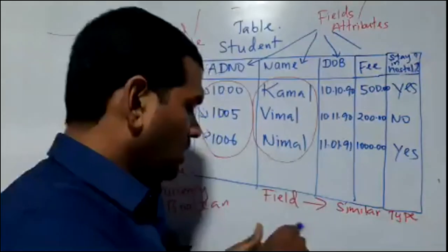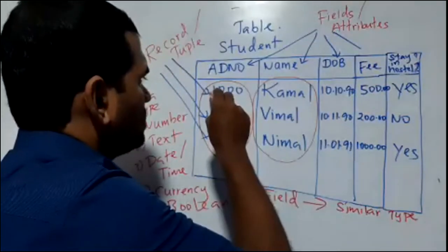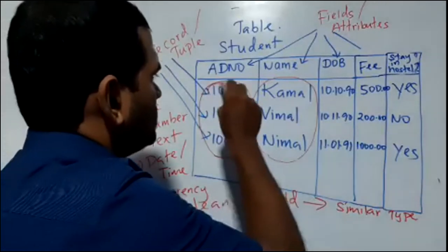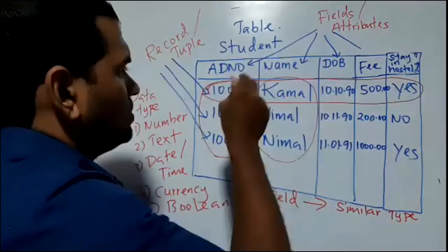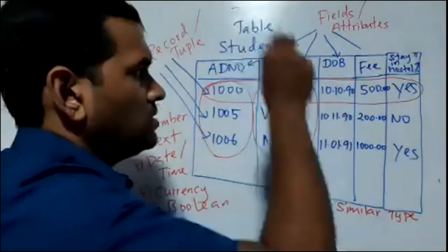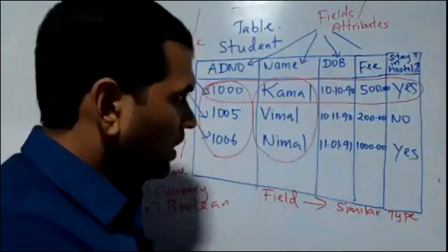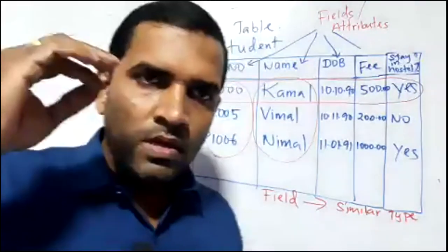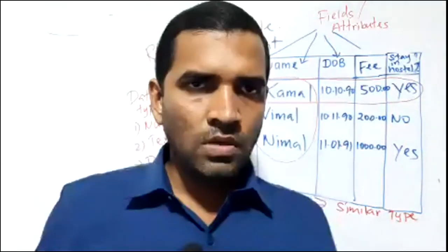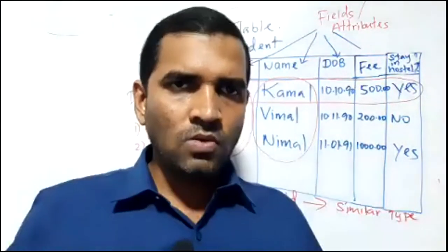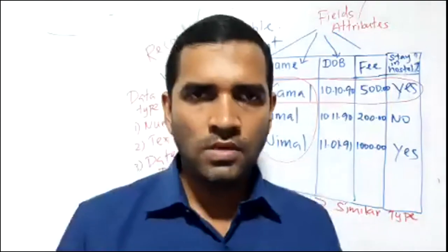In the first record, you have this data: 1000, Kamal, 10, 10, 90, 500, yes. These 5 data combine and the first record is created.